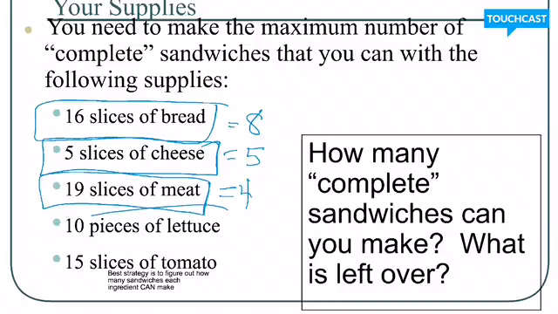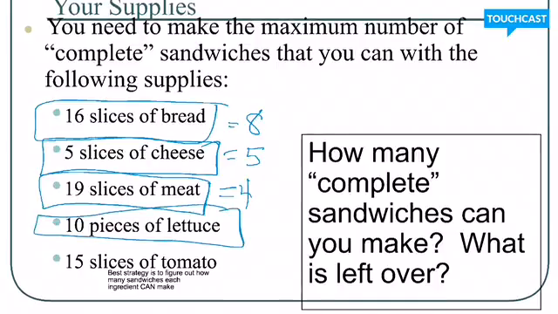All right, how many pieces of lettuce does a perfect sandwich need? A perfect sandwich only needs 1 piece of lettuce, so technically this guy could possibly make 10 perfect sandwiches. And then I think I said that a perfect sandwich has to have 2 slices of tomato. So you see how we might have a little bit extra here? We can make a total of 7 perfect sandwiches, but we're going to have an extra slice of tomato left over.